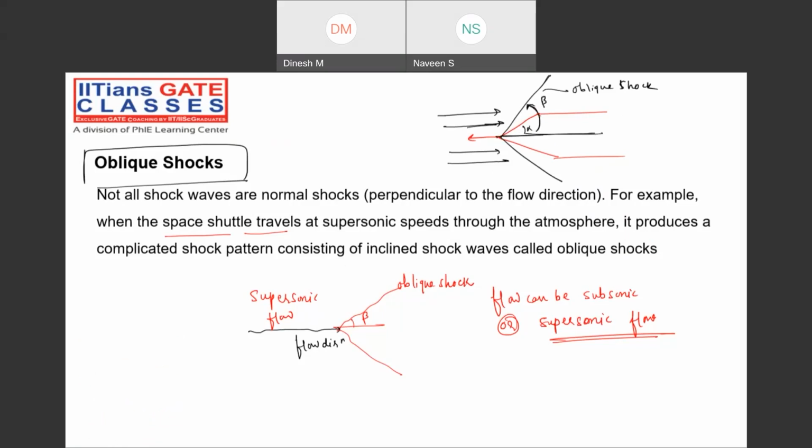But for a normal shock, what is the beta value? 90 degree. Most of the time, whatever shock is observed in a jet aircraft or rocket, you observe only oblique shock. Shock means pressure will increase.